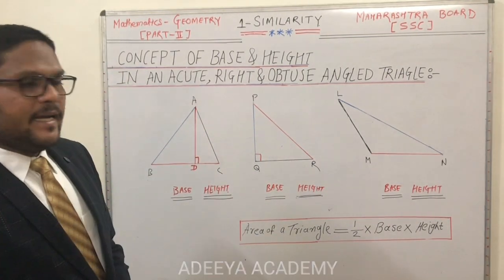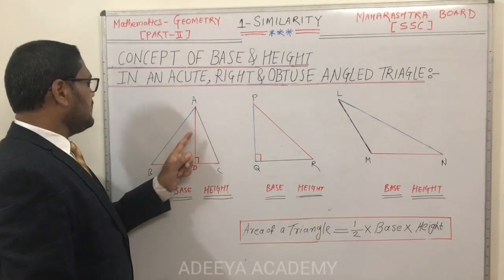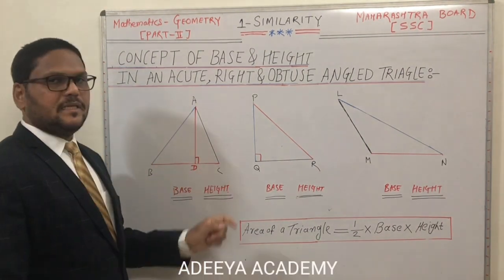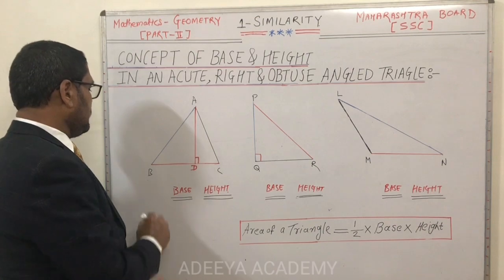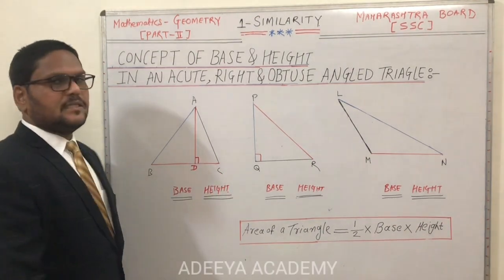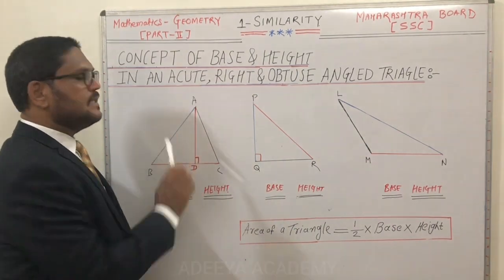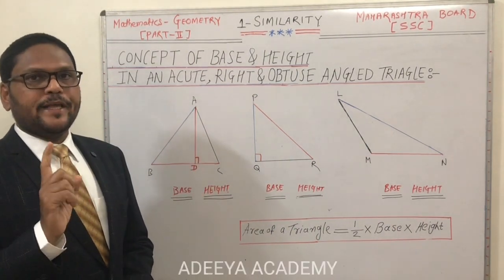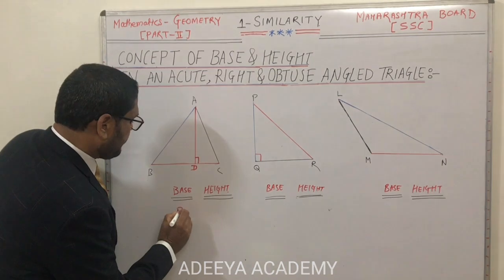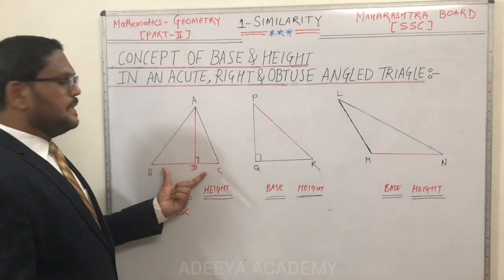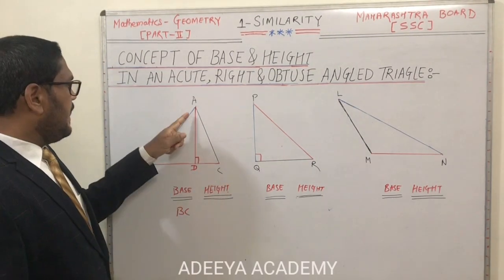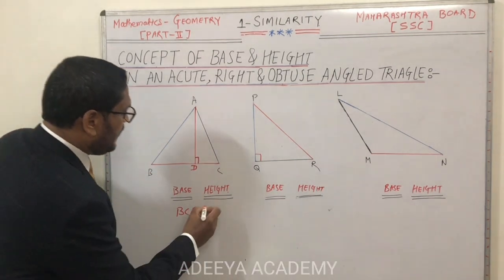Now we can say that in triangle ABC, BC is the base and its corresponding height is AD.